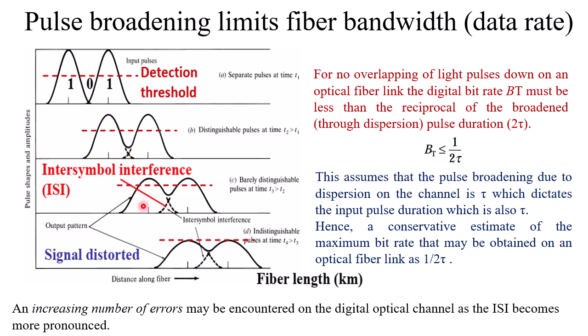Now after passing some more kilometers of distance, you will see intersymbol interference is there. So the height is again reduced, these two heights, but originally it was 0, there was no power, but at this position now we have a sufficient amount of power. So ISI has taken place. One symbol is interfering with the others.